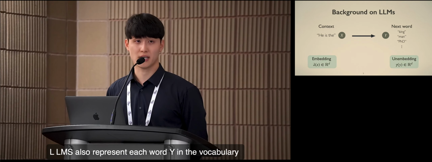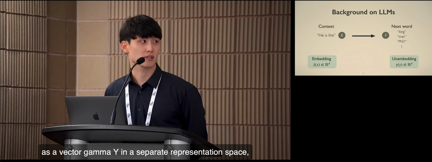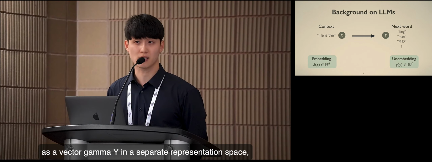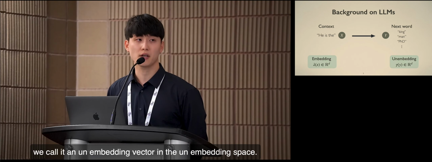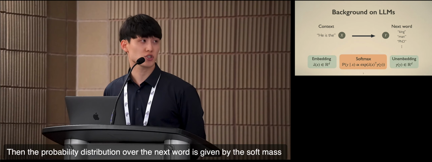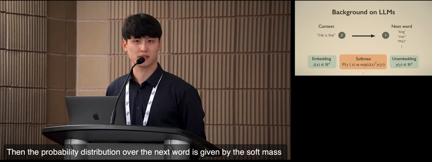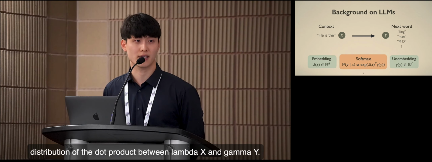LLMs also represent each word y in the vocabulary as a vector gamma y in a separate representation space. We call it an unembedding vector in the unembedding space. Then the probability distribution over the next words is given by the softmax distribution of the dot product between lambda x and gamma y.